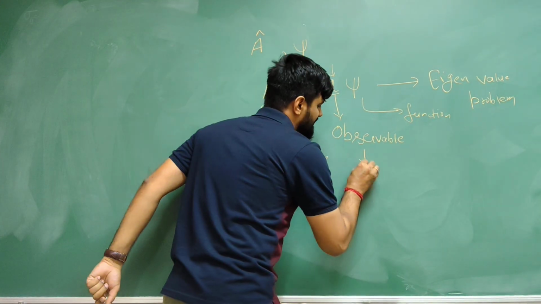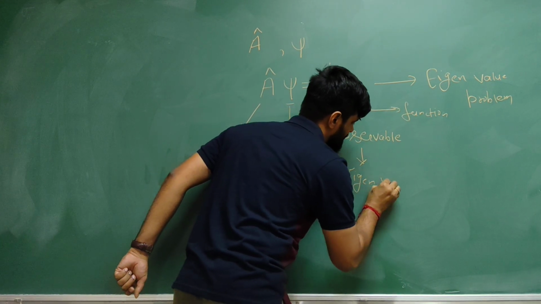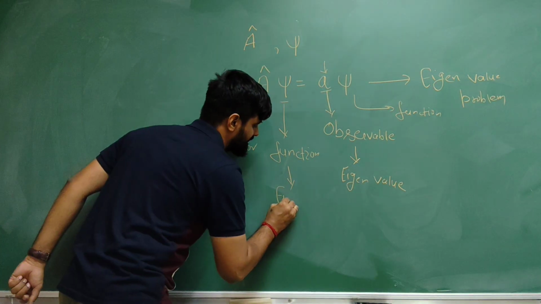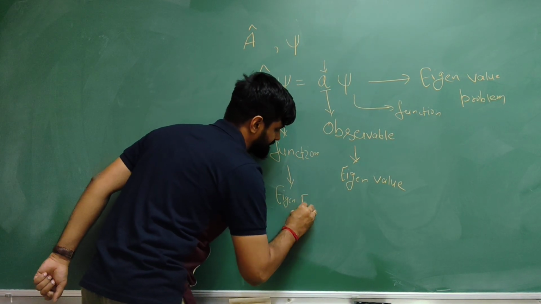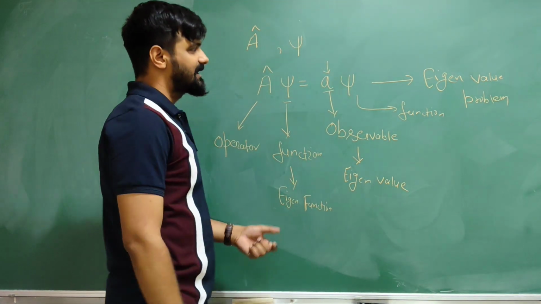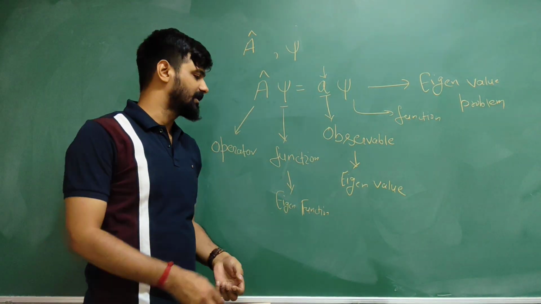So this is also called the eigenvalue, and this function is also called the eigenfunction in mathematics. Is that clear? This is how the eigenvalue problem, a concept of linear algebra, can be used here in quantum mechanics.